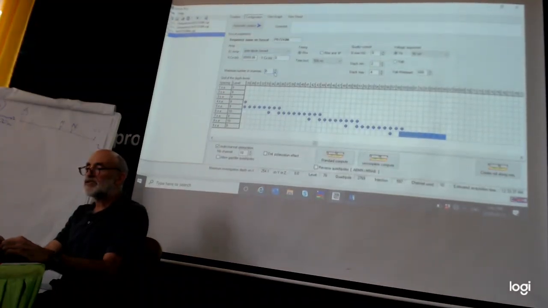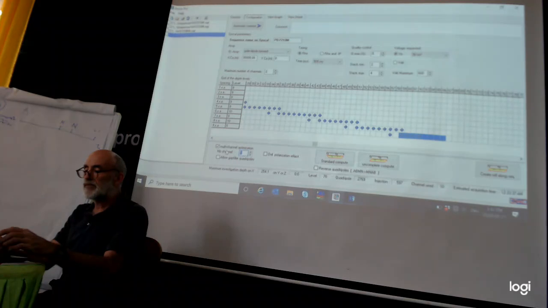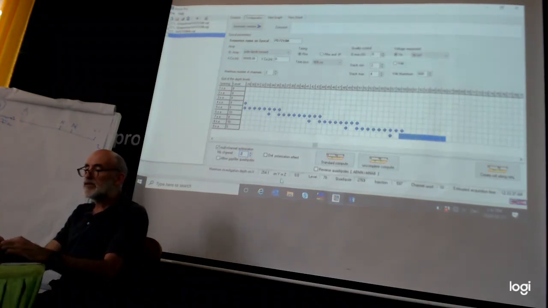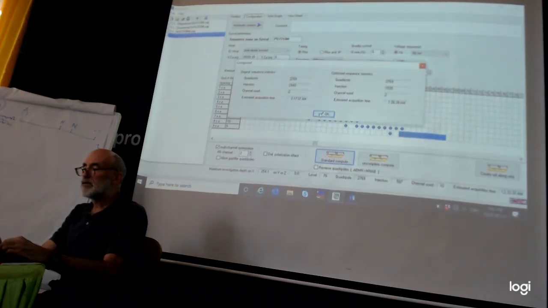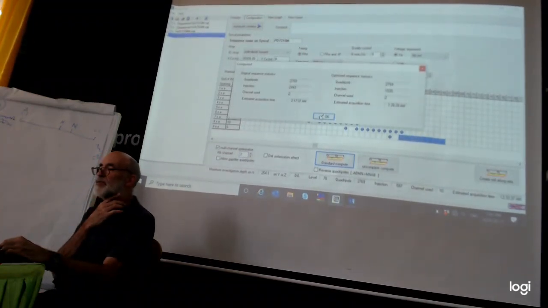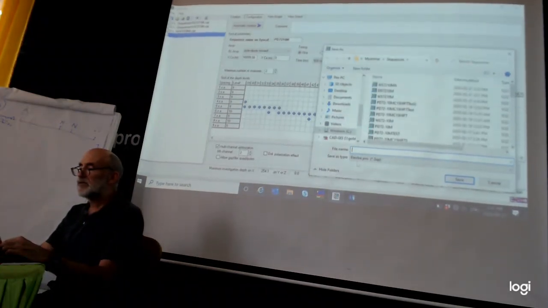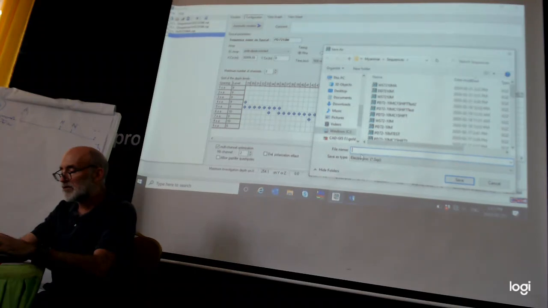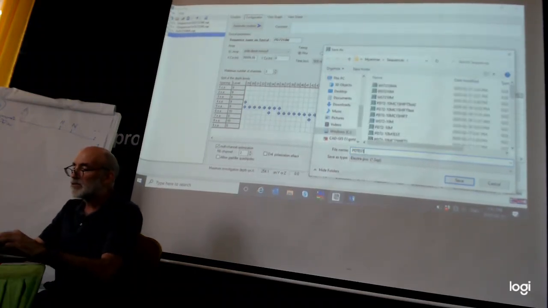Make sure you change the channels. Standard compute. This is similar to the one that we ran yesterday, and we'll just call it PD test.